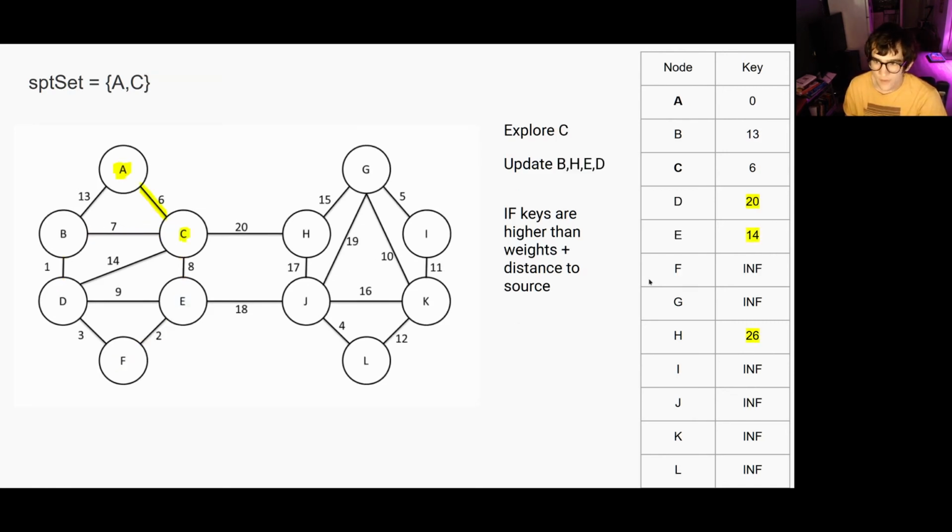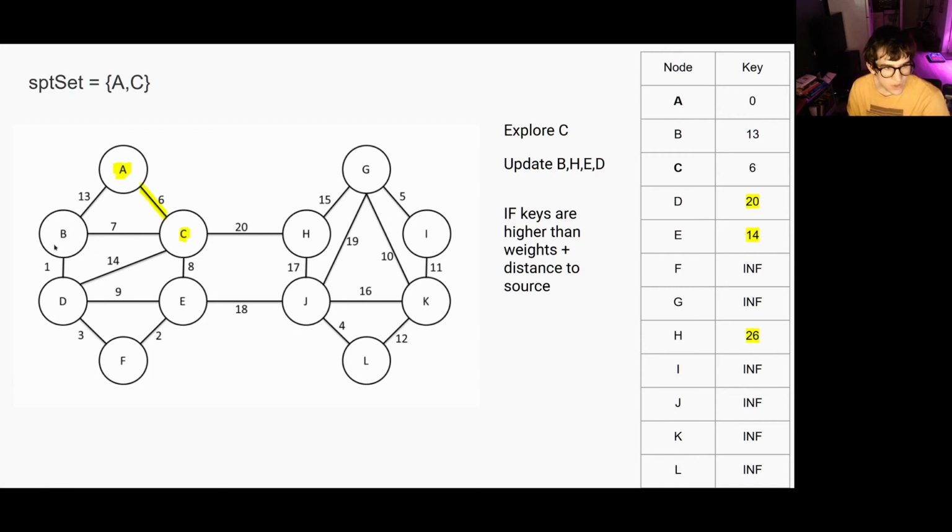Okay, so it looks like all of these values were updated accordingly. Again, we don't need to update B since it's already 13. If we consider the next lowest weight, we can see B is obviously the lowest one, so we'll explore that next.